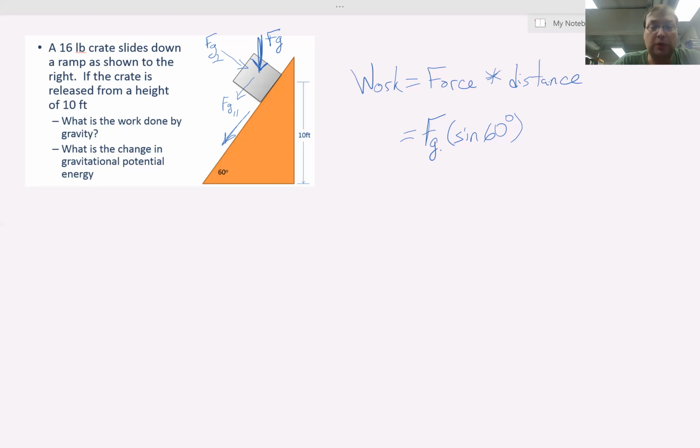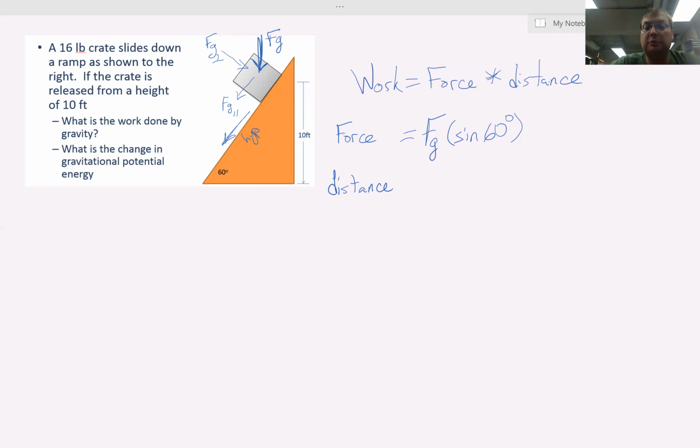So with that being said, now we want to know what is the distance that we are moving it along. Again, let's return to this triangle. We've got a vertical portion, which is the opposite side of our triangle, and we want to know what is this hypotenuse length, because we are moving it along the hypotenuse of this triangular incline.